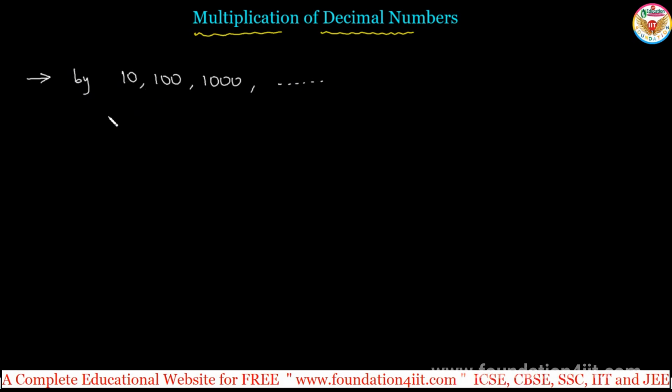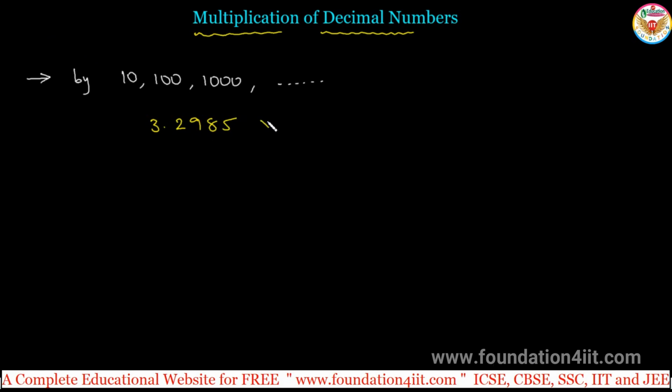Multiplication of decimal numbers. When you see multiplication of decimal numbers, we have 3 types, 3 categories we can say. One is multiplication by 10, 100, 1000, and so on. Any decimal number, how to multiply it by 10, 100, 1000, so on. Like a power of 10. You can see an example. 3.2985, this is the number.